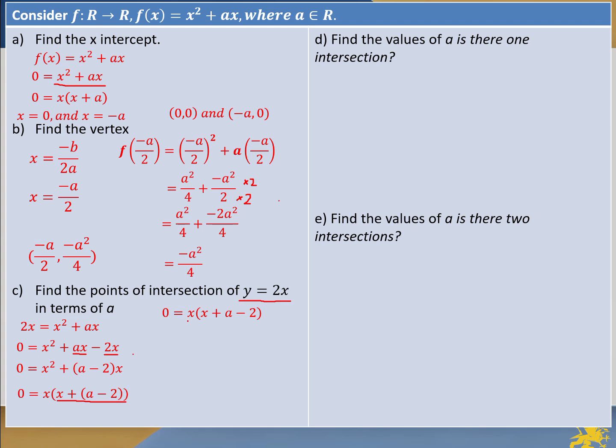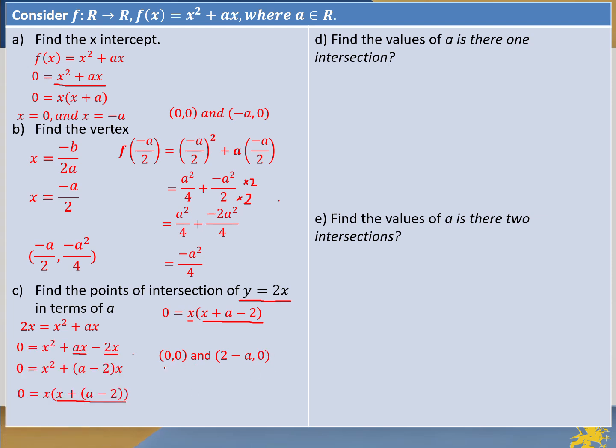That means x can be 0 and y will be 0. Now, the second part I can do is looking at how do I make this 0? Well, x must be 2 minus a, and then that will equal 0.